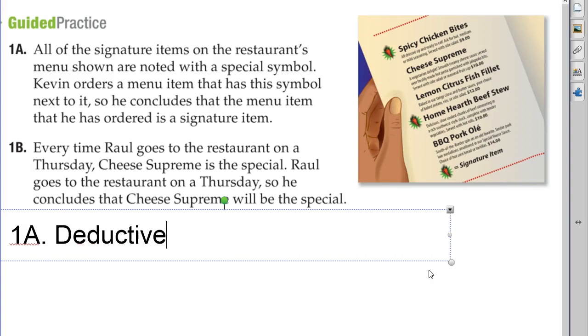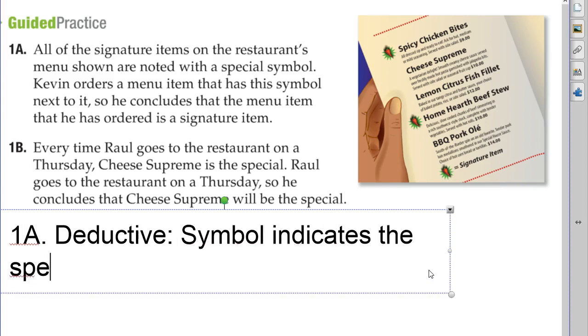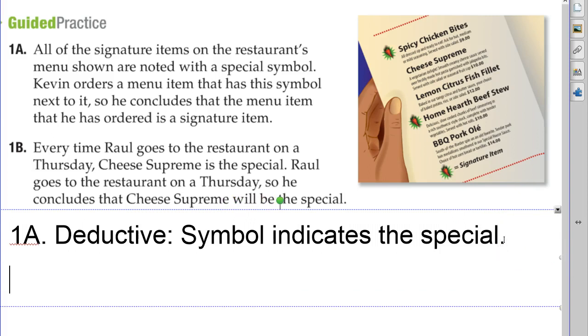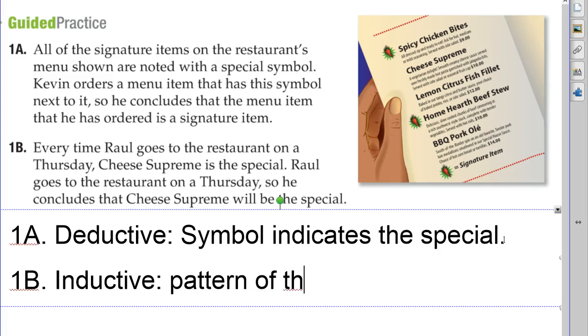And the reason is, the fact they're using is the symbol indicates the special. And he got the special because he has the one with the symbol on it. So that's a fact. 1B is a pattern, so it's inductive, and that pattern is the Thursday special.